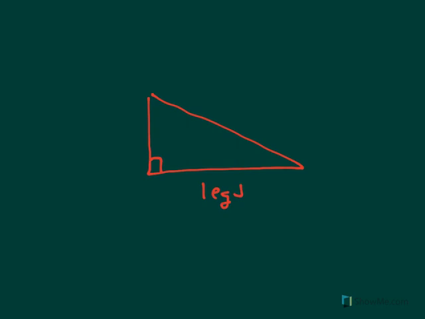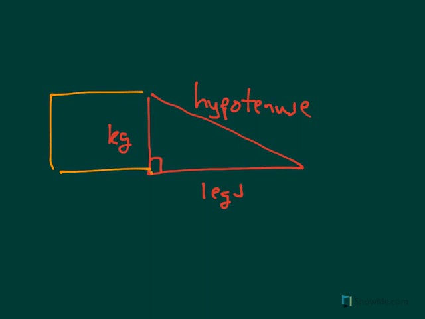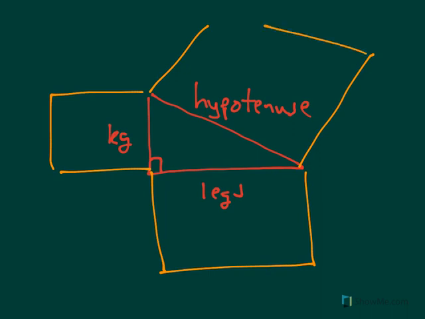So this would be leg 1, this would be leg number 2, and this is the hypotenuse. And what this theorem is saying is if you took the square on this leg and added it to the square on this leg, it will be equal to the square that is on the hypotenuse.